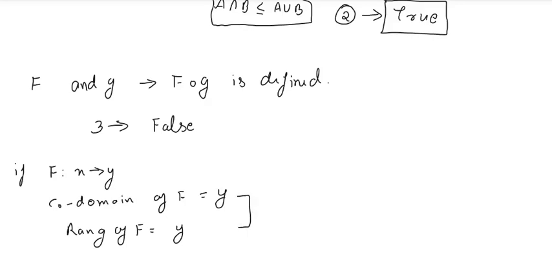From here, combining these two equations, we can say the codomain is equal to the range of f. So this statement is true. So statement 4 is true.